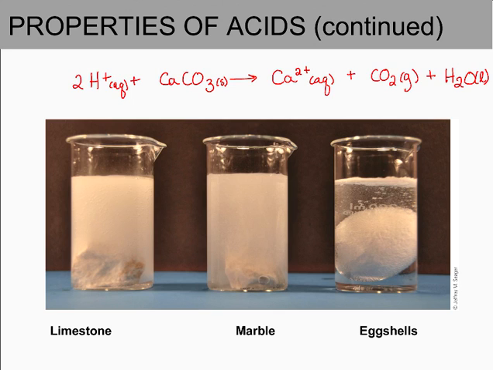So those will eventually wear down, and you can actually find some pictures online of really old statues that have just worn away over time due to acid rain or other effects in the environment. Now, what they break down into, again, is this calcium ion, some gases, and water.